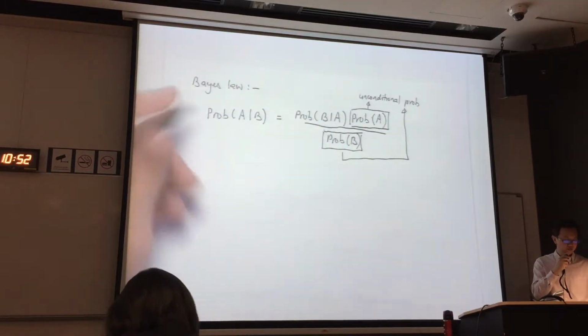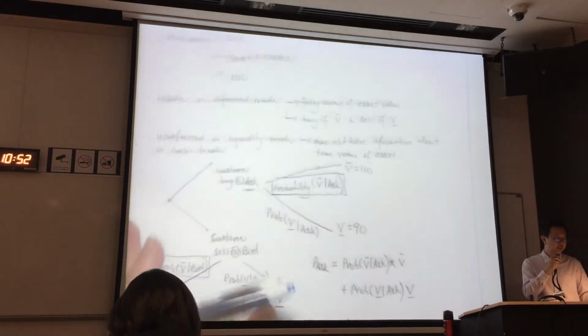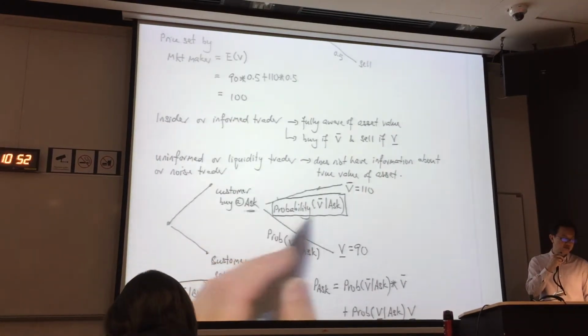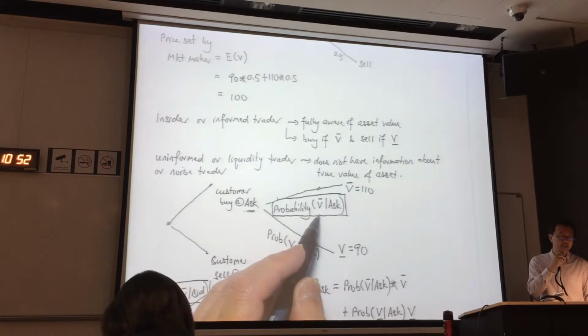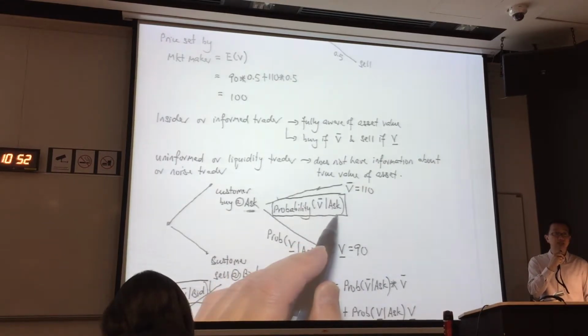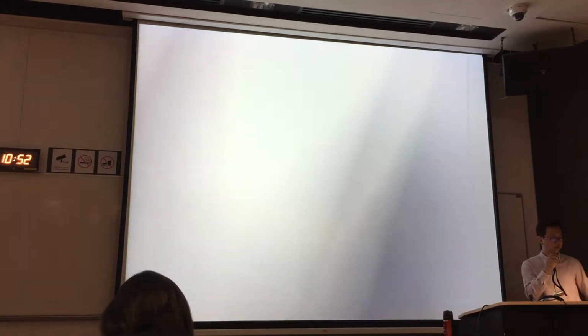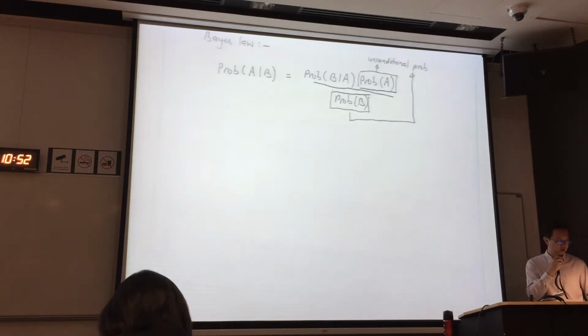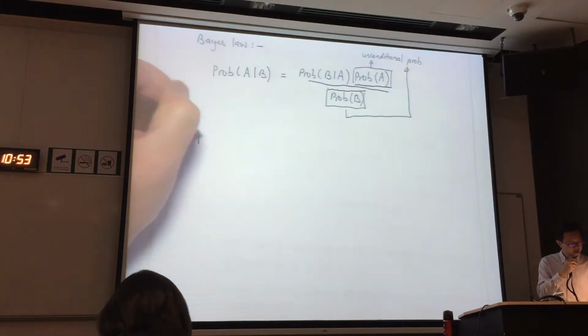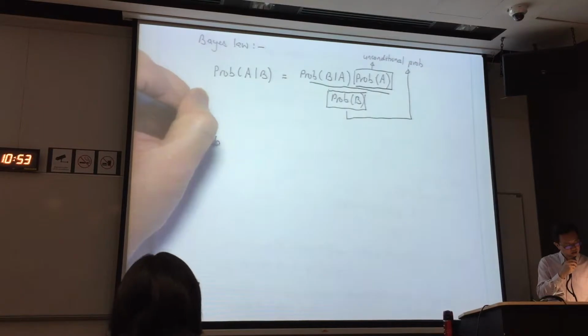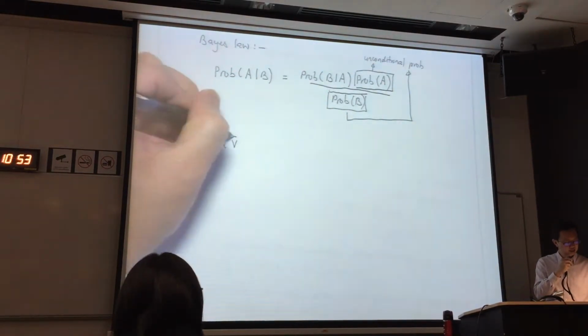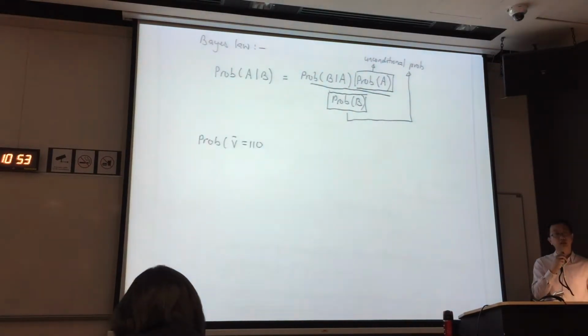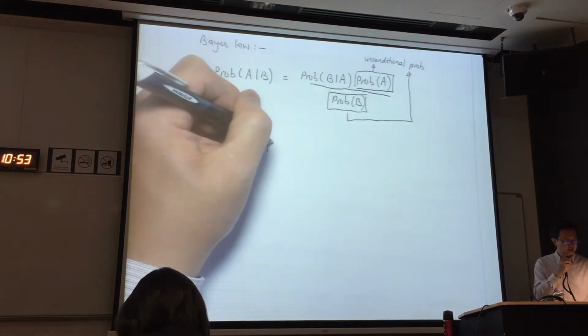What would we like to know? Let's say we would like to know the probability that the value is 110, now that the customer is buying. What is the probability of the value being 110, conditional on the customer buying?